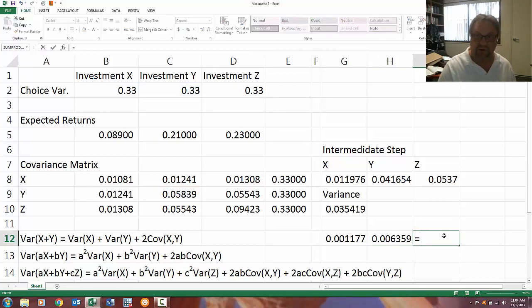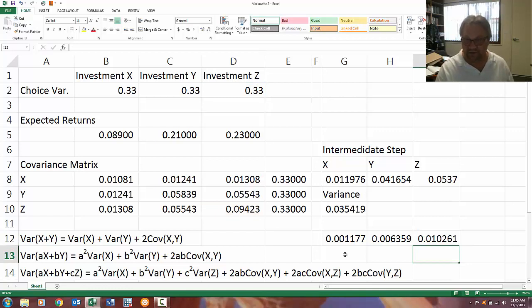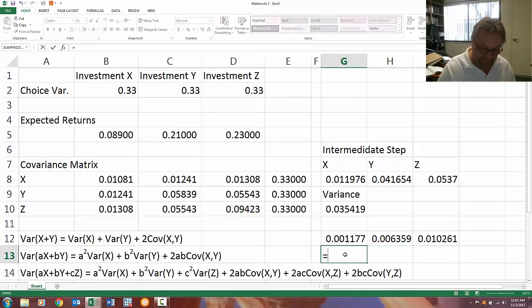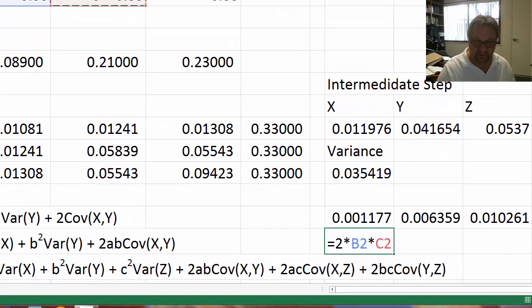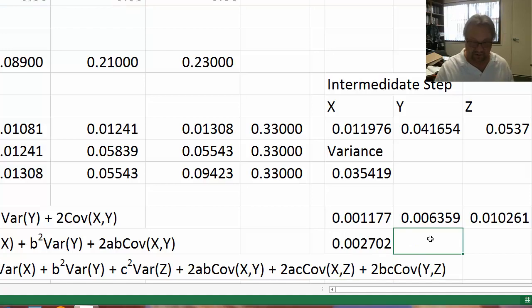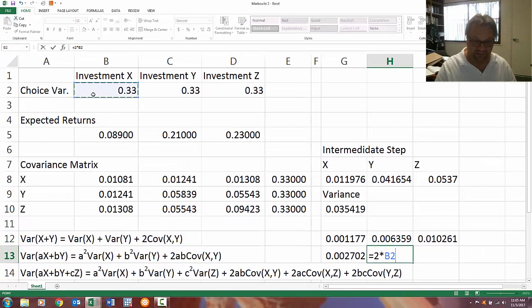And then I've got my c squared, so I could just do this. That squared times the variance of z. That would be this number. And then I'll do my covariances underneath it. So here I have 2 times a times b times the covariance of x and y. That's just this number. And then here I have 2 times a times c times the covariance of x and z.